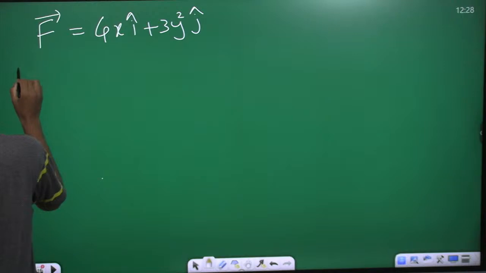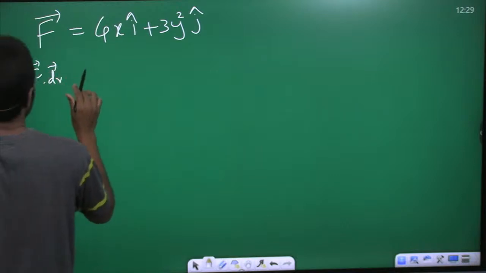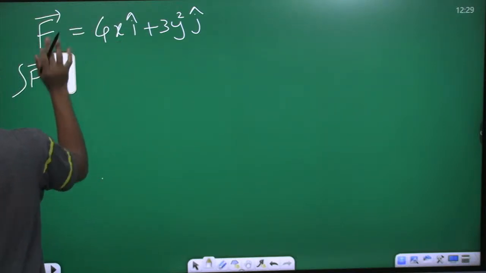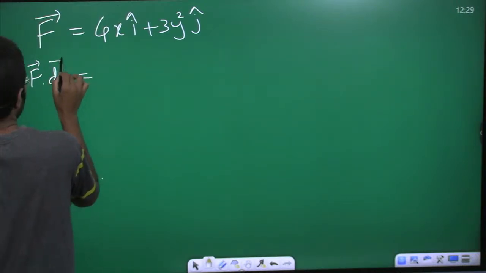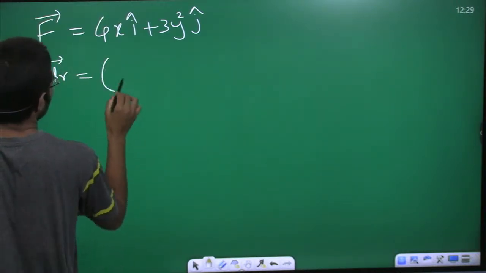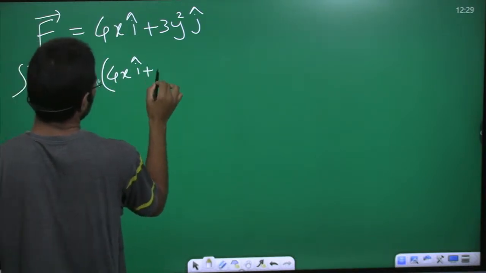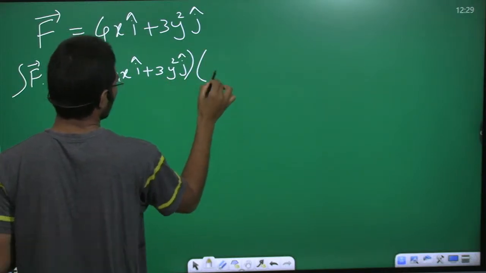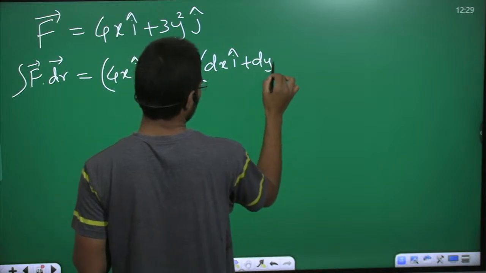So the integral of F bar dot dr bar is F bar dot dr: 4x i cap plus 3y square j cap, into dr bar, which is dx i cap plus dy j cap.